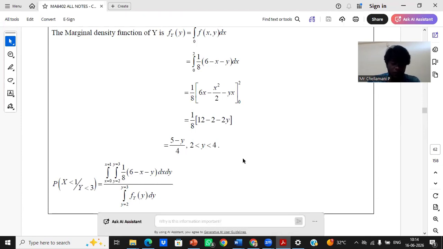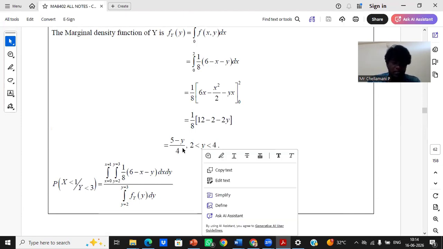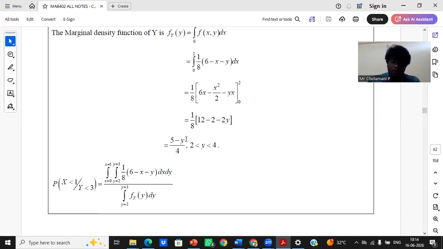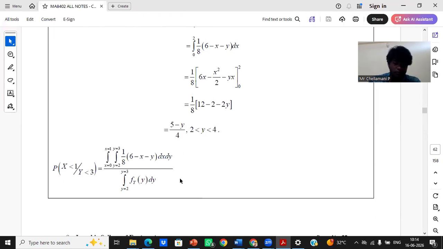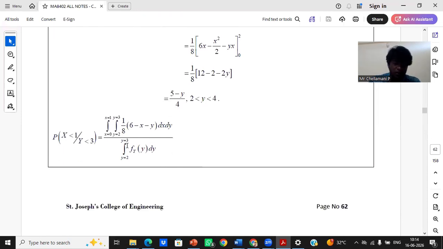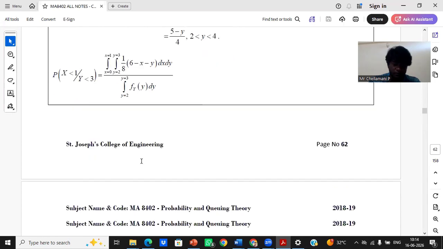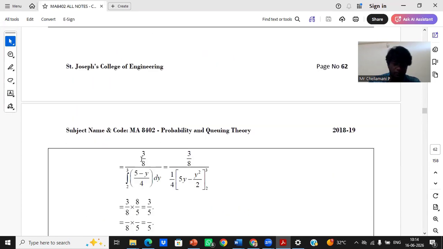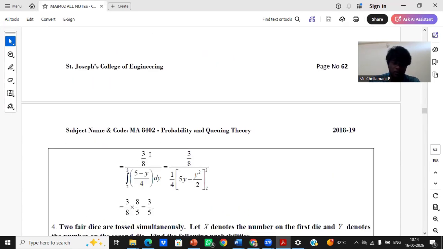Our f of y value is 5 minus y by 4, so substituting 5 minus y by 4 here, our numerator value is 3 by 8 and the denominator is 5 minus y by 4. The limit value is 2 to 3.